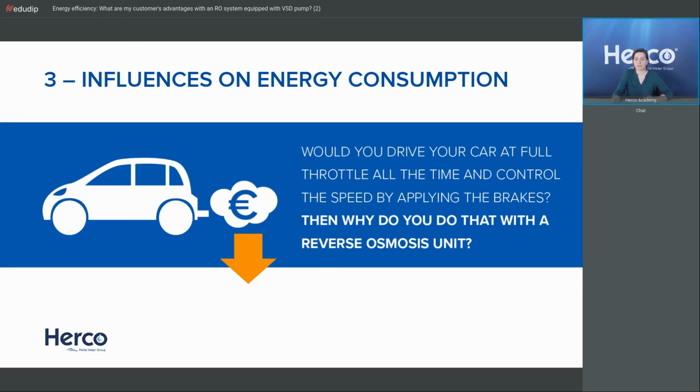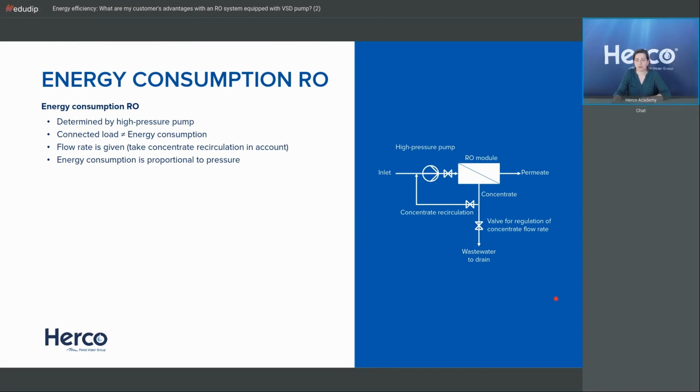Okay, before we start calculating, I want to show you quickly what the energy consumption is influenced by, which parameters influence it, and when we can really reduce energy consumption a lot with a variable speed drive. We'll have a look at a standard RO configuration.